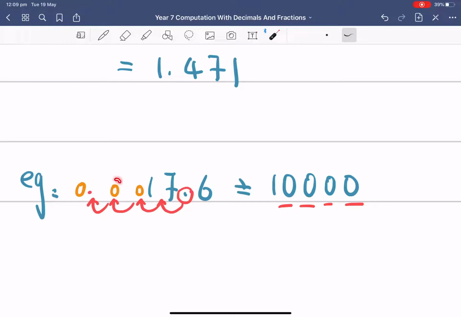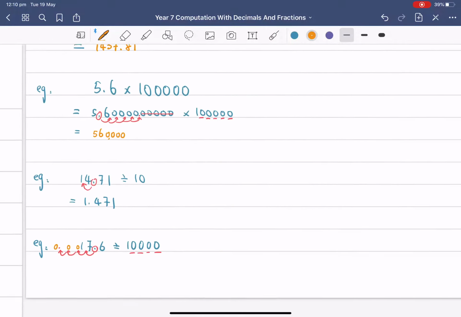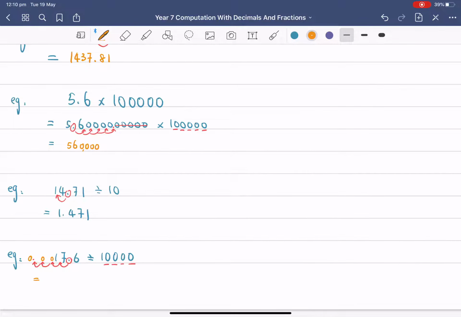So I'm lining up the arrows with the zeros, so you know how many zeros you need to put there. I hope that's a bit easier for you to understand. The last arrow points towards the point, and the first two arrows point towards the zeros, so you know how many zeros you need to put in front of the numbers. So for example, this answer will be equal to 0.00176.